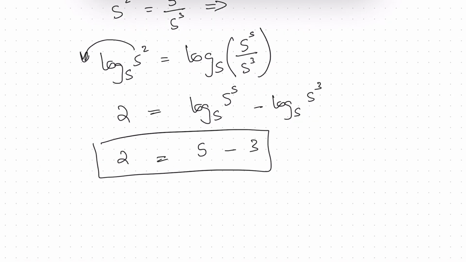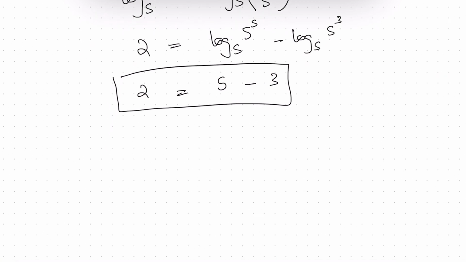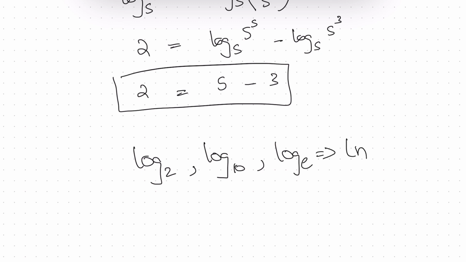Commonly, we use log base 2, log base 10, and we also use log base e, which is also called ln. These are called natural logs that we use in a lot of mathematical fields, or in physics, or in chemistry.